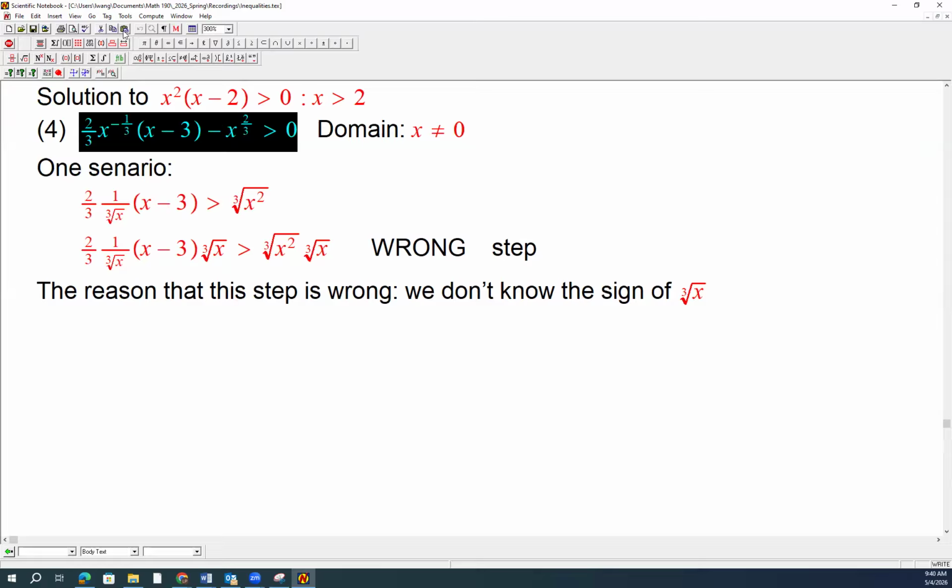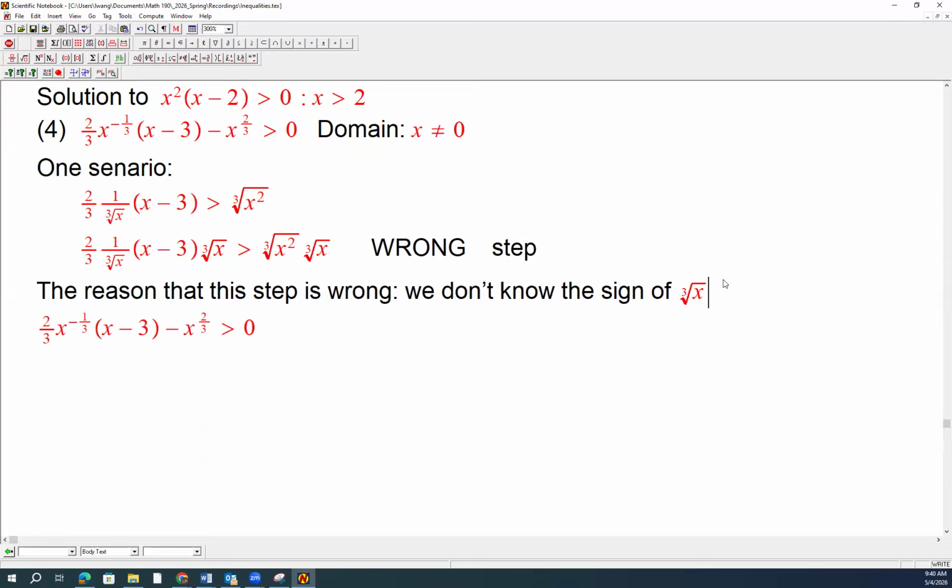What can be done is that we should factor the left-hand side. To factor this, you guys know the rule of thumb: factor out the part with the lowest exponent. And we got a denominator here, right? So I'm going to set it up.